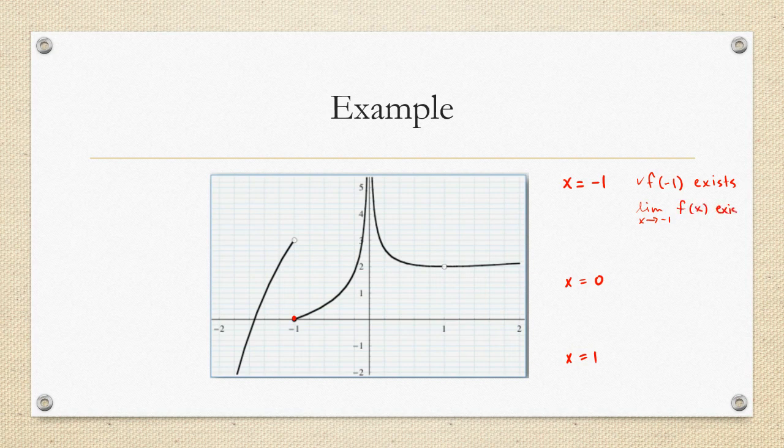And that's where we fail on this one, because the limit as x approaches -1 from the positive direction is 0, and the limit as x approaches -1 from the negative direction is 3. So this is where we fail. The limit does not exist because the limit as x approaches -1 from the negative direction is not equal to the limit as x approaches -1 from the positive direction.